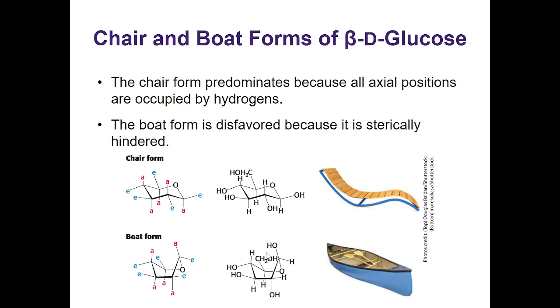See that? It has a nice overlap here. This causes hindrance. Again, you can see the boat, the chair. Y'all remember that okay, right? Anybody have any questions about this? Confusions?